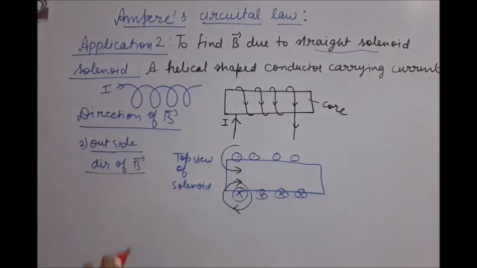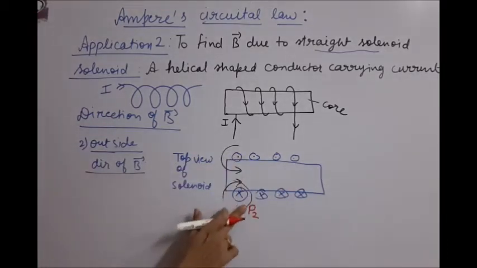Now students, let us solve for just outside of the solenoid. Suppose we have a point here, point P2. Here we have to find the magnetic field B due to this solenoid.